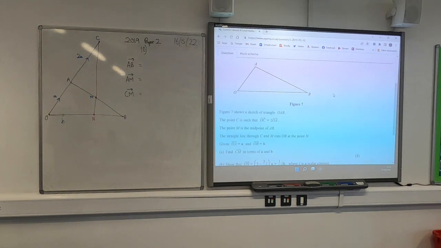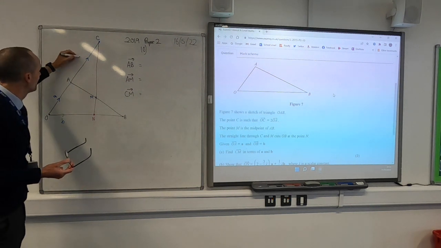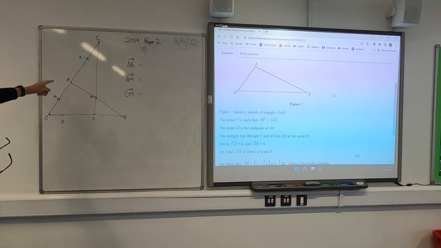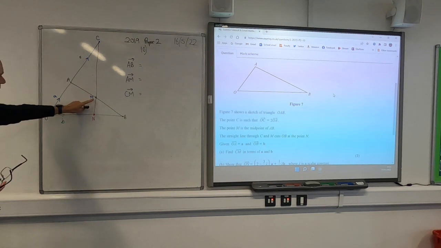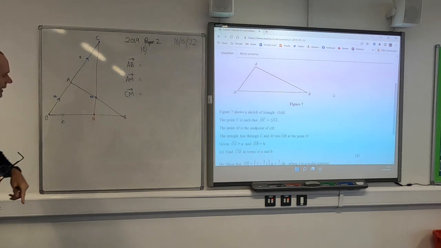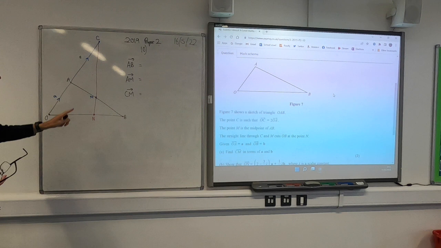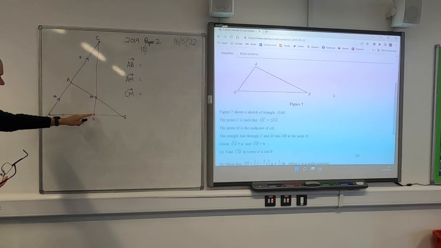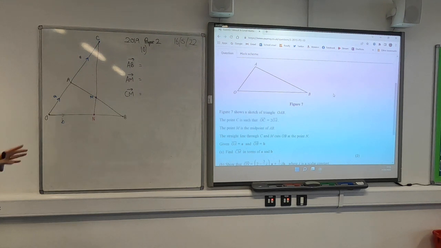From O to C is two lots of O to A, so actually that's just another a, isn't it? So, yeah, I've drawn that wrong then, but anyway, that's just the same as that. We've got this midpoint M, so that's halfway along that line, and we're told that that line, when we continue it, hits OB at N, and in a minute we've got to work out something about that.